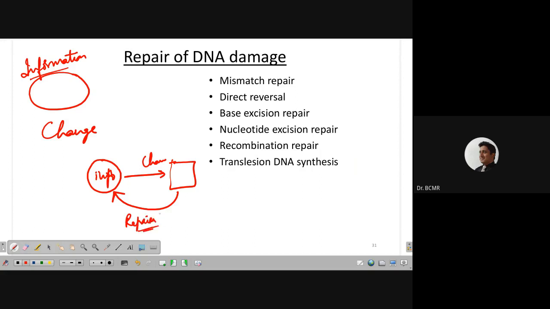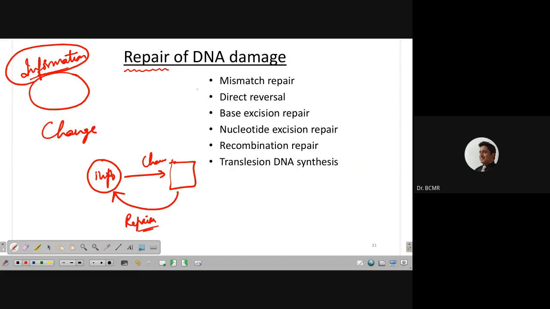If repair mechanisms are not there, then we wouldn't have any kind of stable species. And we wouldn't have this many types of organisms surviving. That is why repair is something very important. It's the masterpiece of evolution, because that is what allows the existence and continuance of a species. When I say species, here again, I would mean the genetic information.